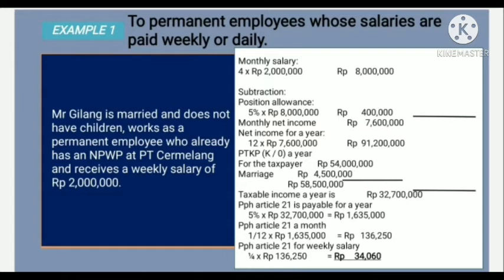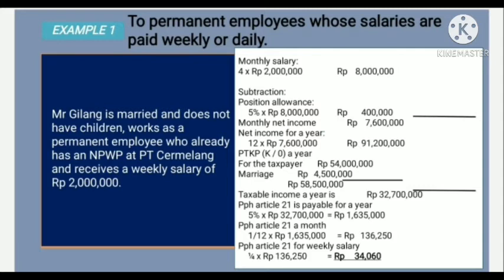For the calculation, it is actually the same as example 3 and example 4 for monthly salary, but we have to multiply by 4 because 1 month has 4 weeks. So Mr. Gilang's salary in 1 month is 8 million rupiah. And the next step, same as example 3 and example 4, we subtract position allowance, and we subtract PTKP.